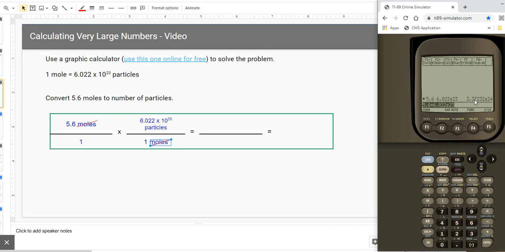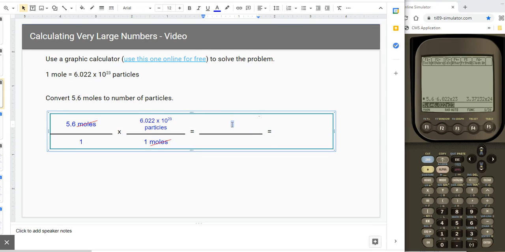And then we have to know how to write the answer. So on the top here, I'm just going to keep the same number of decimal places. So I'll have 3.372, and I'm going to round that to the 2 there, because the next number is a 3, which is less than 5. And now I'm going to write times 10, because that's what that E means.